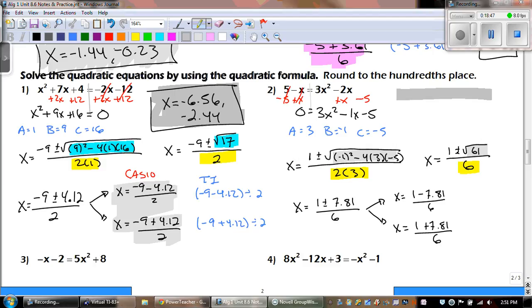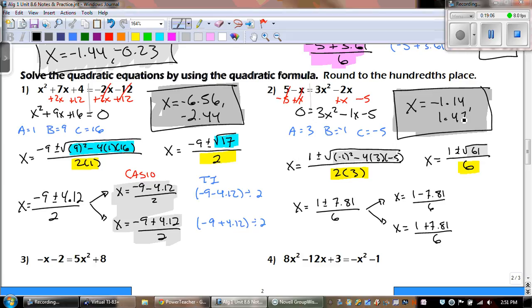Go ahead and do that right now. Okay, and you should be getting that x equals -1.14 and 1.47. Okay, remember you have to round your answers, guys.